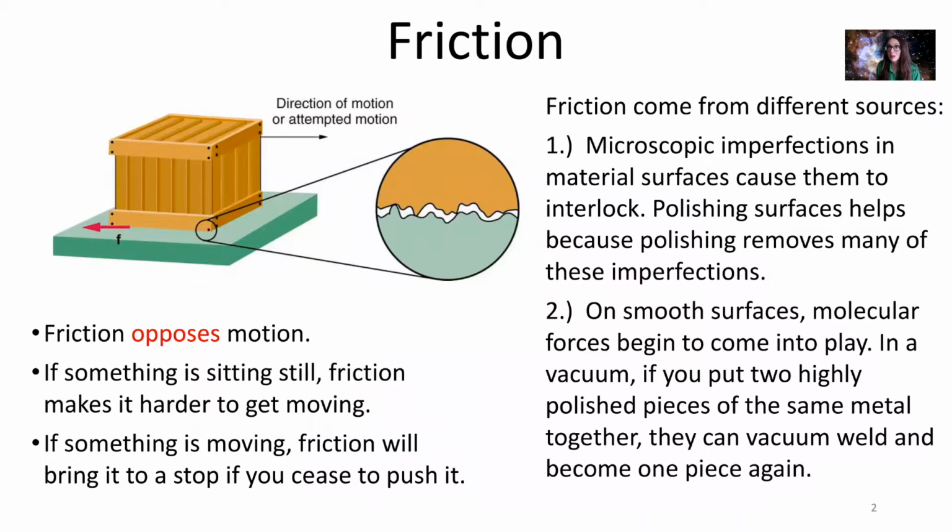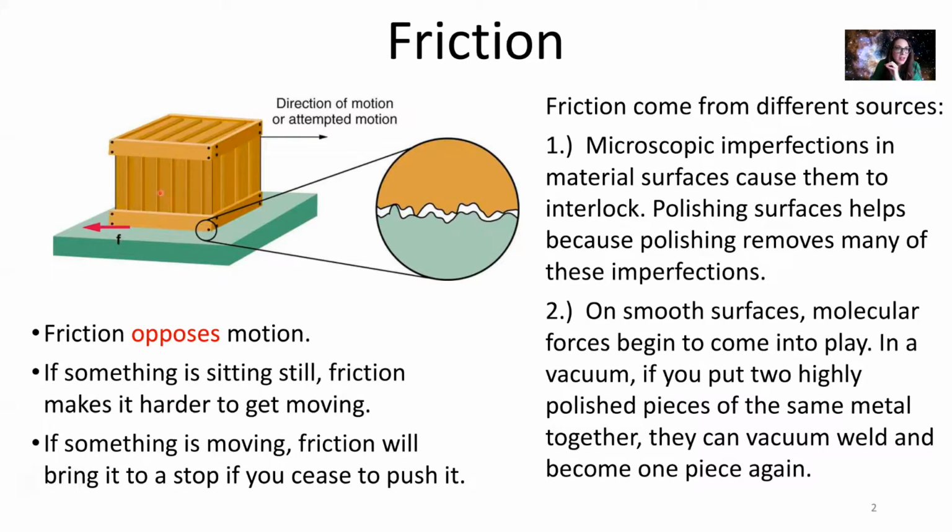What is friction? You all have experienced friction, of course. Friction comes from many different sources. Friction comes from microscopic imperfections in material surfaces, which cause them to interlock. This is a very detailed, zoomed-in microscopic version of what's happening.